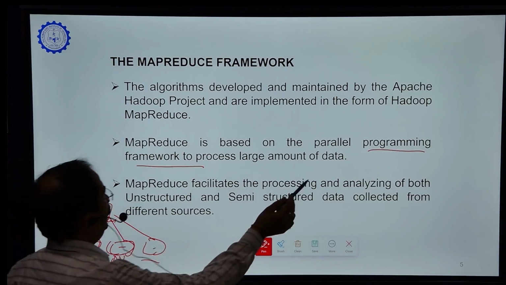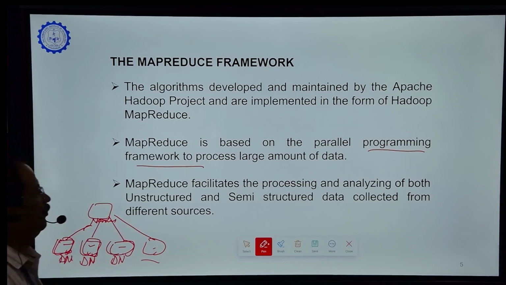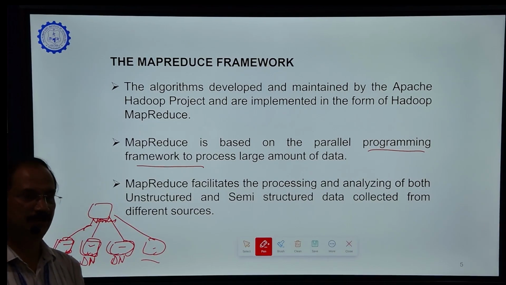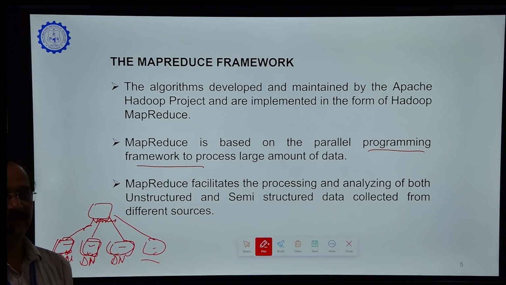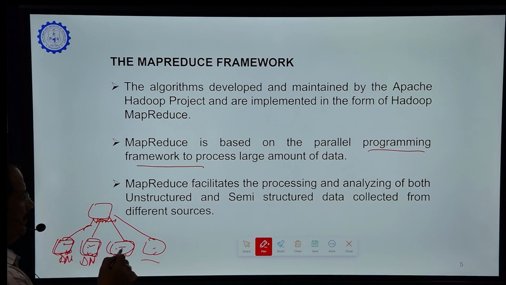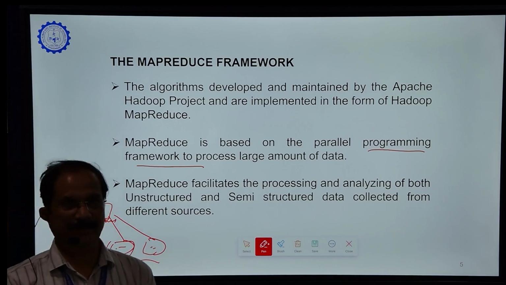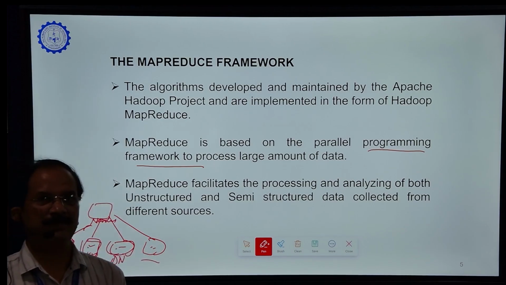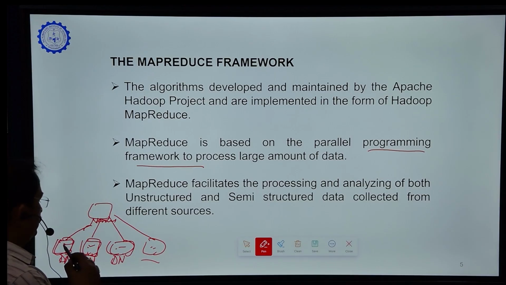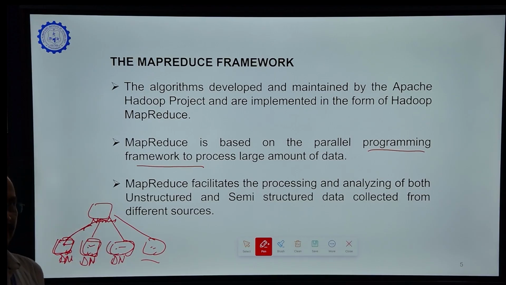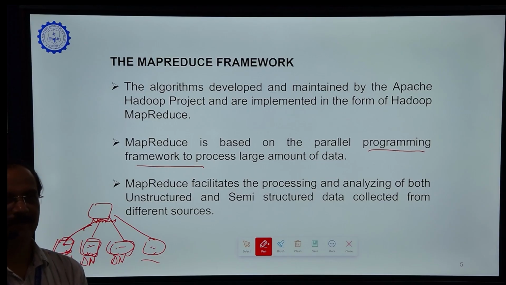Parallel programming means the huge amount of data is not processed at one place or on one computer. It is processed independently on different data nodes or commodity hardware, which prepare a result and give that result to the name node or the master node, where a combined result is prepared.